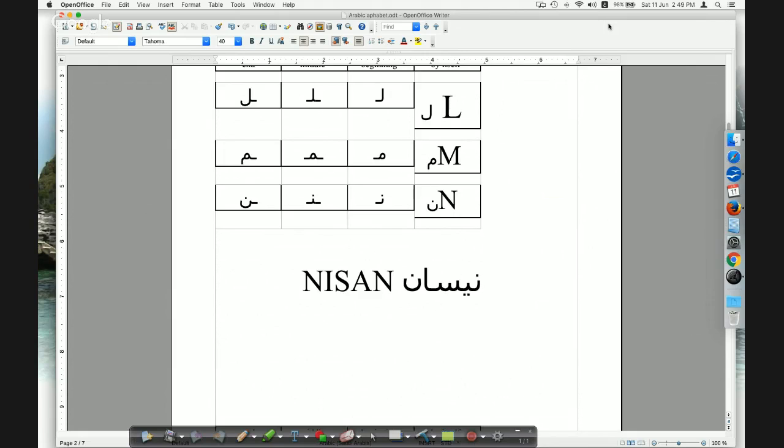So this is why Nissan is a very important month, which represents April. March, April, May, etc. So Adar in Arabic, Adar, this is March, and Nisan is April.